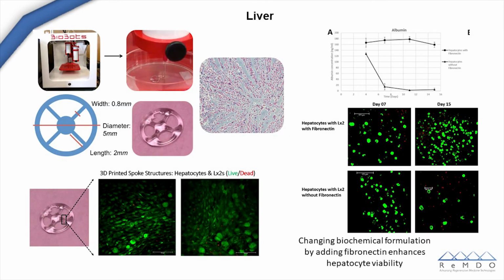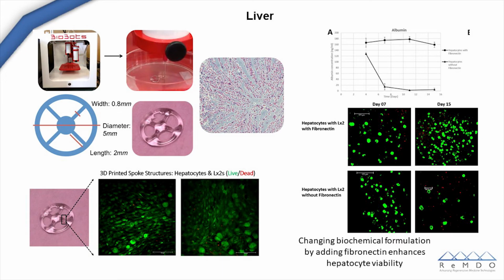Taking this a step further to look at function in 3D liver constructs or organoids, we see that with the incorporation of fibronectin into the hydrogel, this actually improves these organoids' function, with the production of albumin, and their viability.